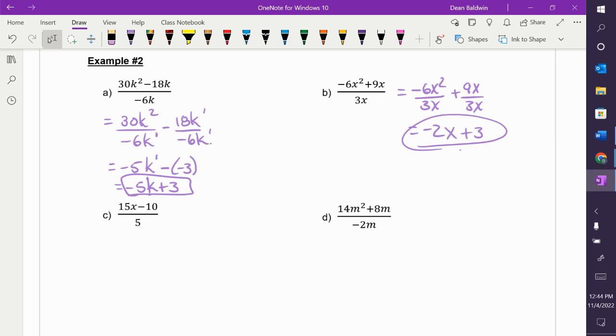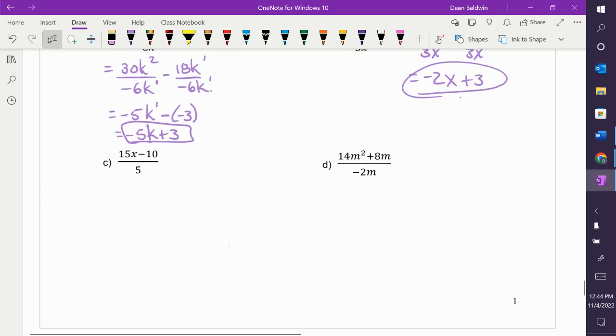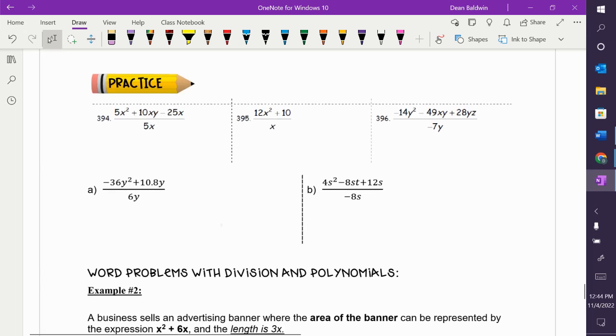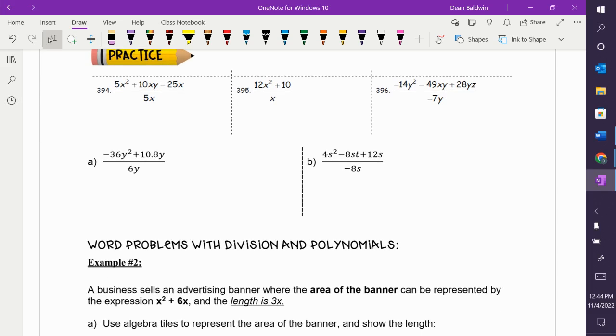Can I flip the page? All right. We'll just do this one and this one. All right. 5x squared plus 10xy minus 25x divided by 5x. Even if you have 3 terms up top and a single denominator, it just goes to each term.